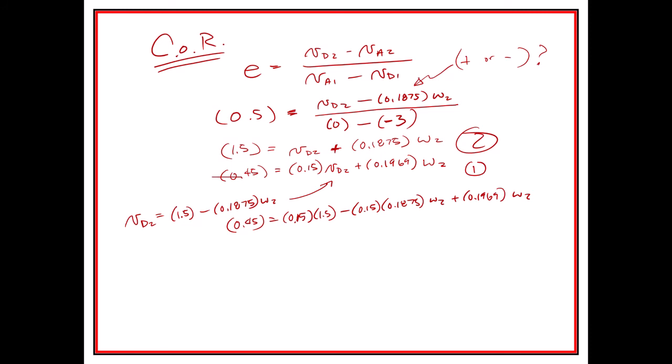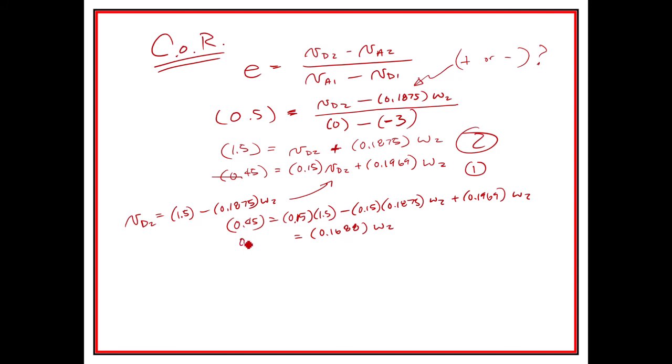0.1875, multiply them by each other, and then subtract them from 0.1969. And okay, so I'm going to get 0.1688 omega 2, and then let me take 0.15 and 1.5, multiply them by each other, and then 0.45, and I subtract them out.